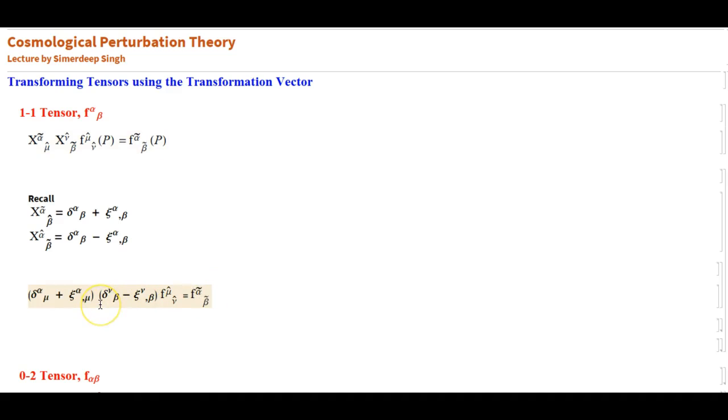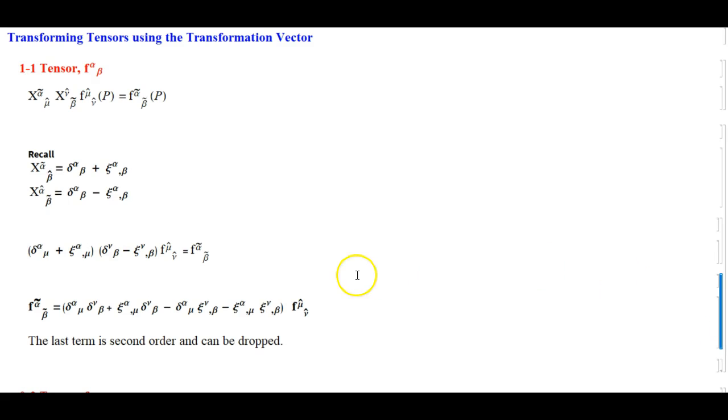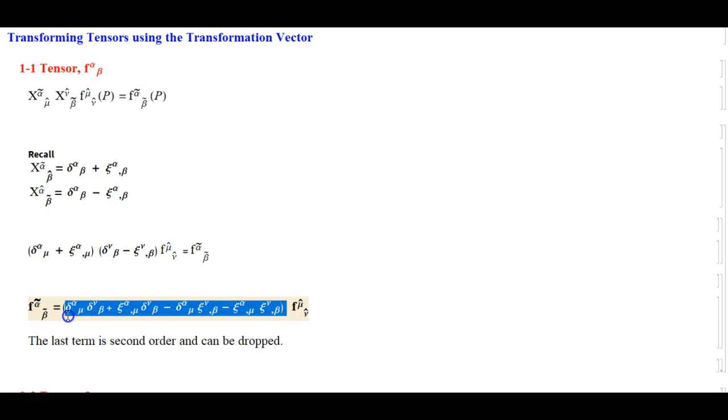Next you open up the brackets. So this f alpha tilde beta tilde, after you open up the brackets, you get this, and this is f mu caret nu caret. So when this whole thing acts upon f mu caret nu caret, you get f alpha tilde beta tilde.